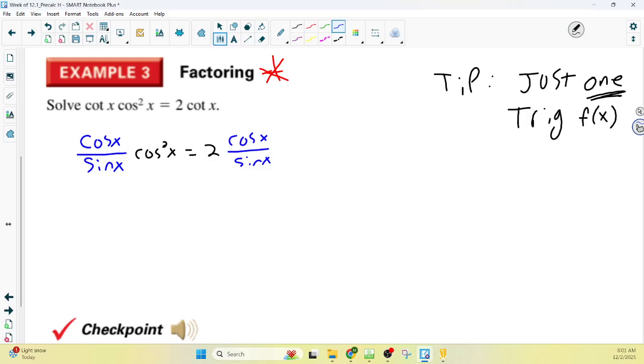What I want to do is move things in factor. I want to be very careful about dividing by something with a variable. You know what I mean? If you have, let's say, x squared plus x equals 5 or something, it's not really common to divide by a variable.